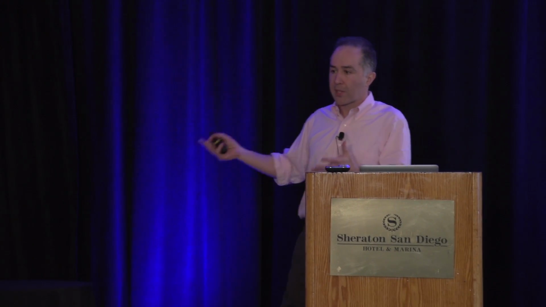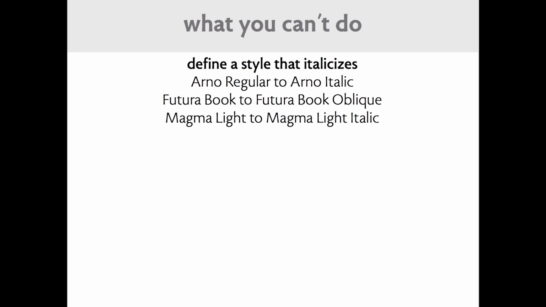Because italic is actually just a font variant. If, like me, you love fonts and you have a big collection of them, you've got all these OpenType and professional fonts that have a lot of intricate variants. So what does that mean? It means that you cannot actually define a style that uniformly italicizes typefaces. If I want to italicize Arno, I need to know that it's called Arno Italic.